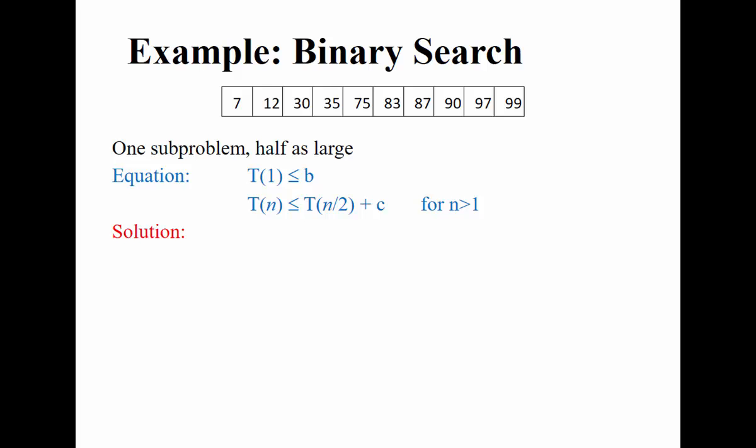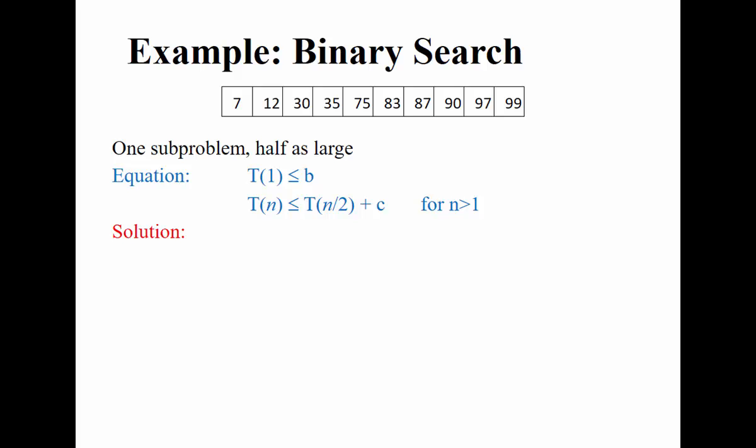Now, if the size of the array is n, at each iteration or at each recursive call, you start with n. You're going to compare the target with the middle. If the target is greater than the middle, you're going to look at the upper half of the array. In this case, you reduce the array size to n over 2.